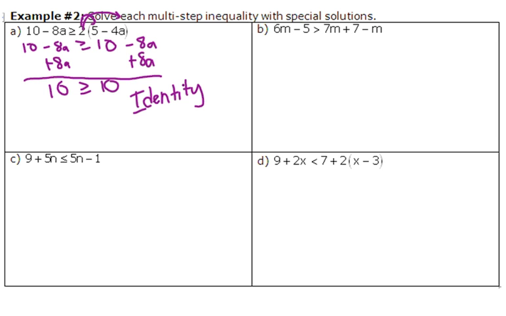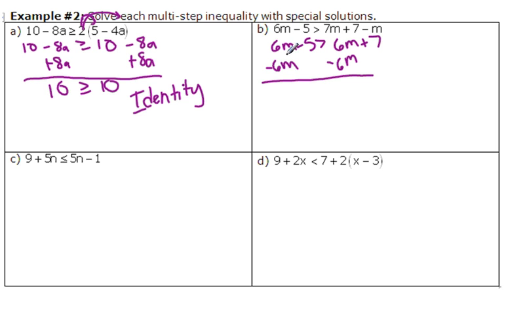So let's look at B. This one, the first thing I need to do is combine like terms on the right side. 7m minus m is 6m. From here, I have variables on both sides, so I need to move them to one side. So I'm going to minus 6m on both sides.